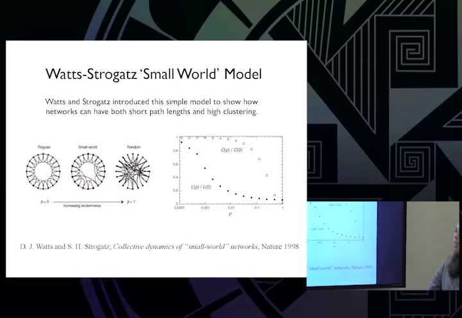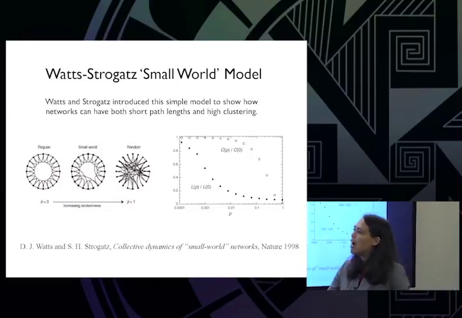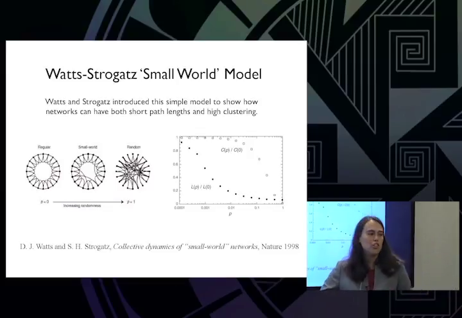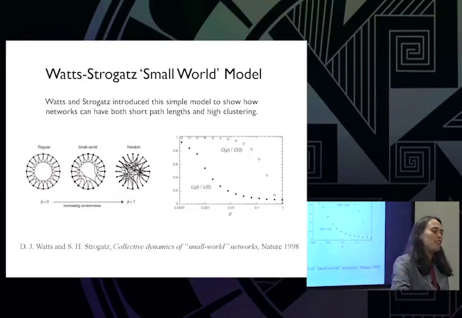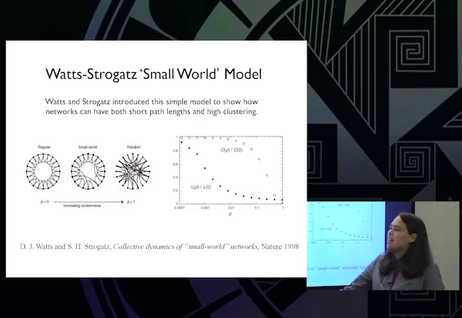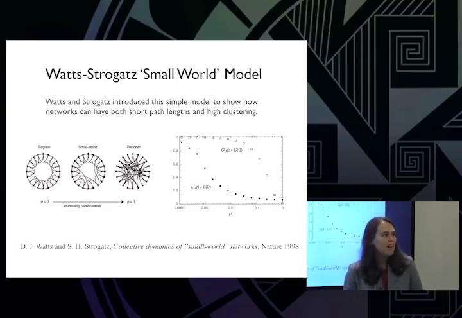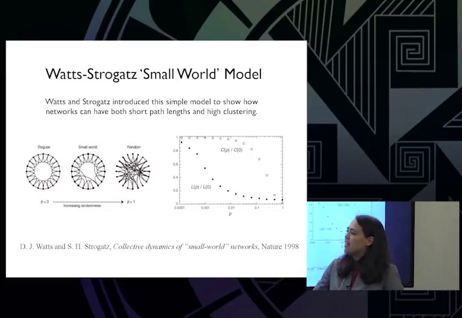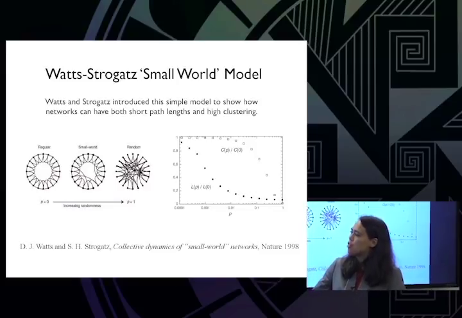So what they did was they tuned from a regular graph. Here they're imagining that everybody lives on a line and they're connected to their k nearest neighbors on either side. So actually it's a circle. Everybody lives on a big circle and you're connected to the people nearby on that circle on either side. And then what they did was they tuned this probability.